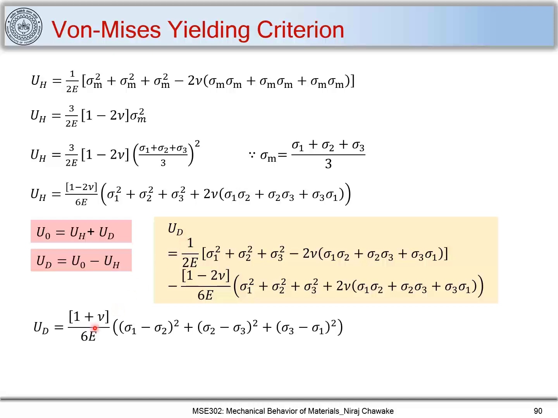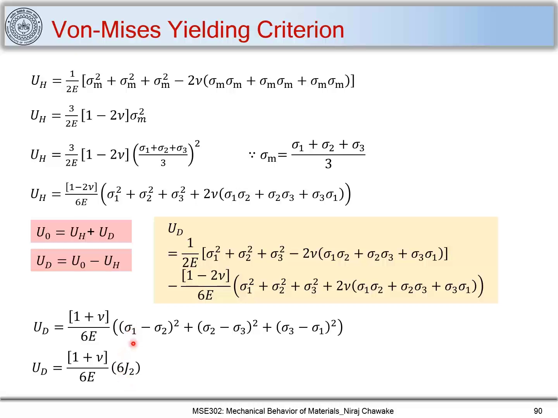And you get a value of ud as 1 plus mu upon 6E into (sigma 1 minus sigma 2) square plus (sigma 2 minus sigma 3) square plus (sigma 3 minus sigma 1) square. This is the value of ud, the distortion energy you get. Now I write this distortion energy in terms of J2, which is nothing but the second invariant of our deviatoric stress tensor.